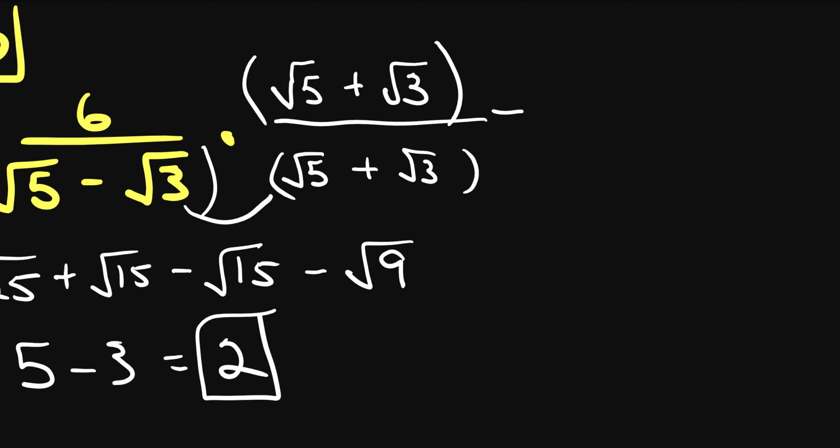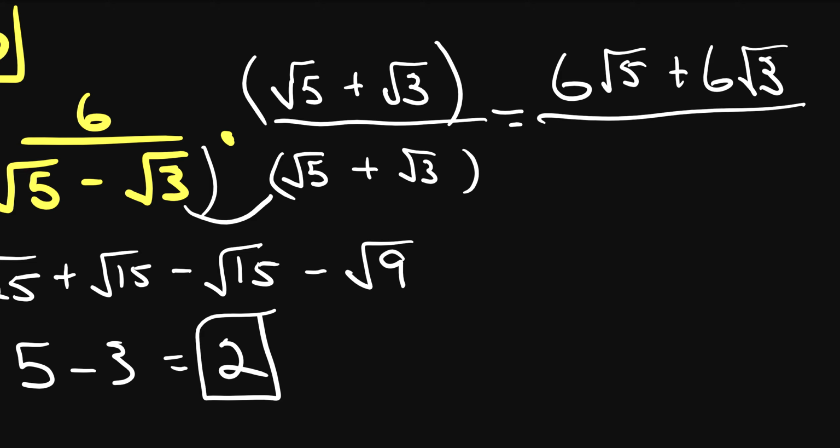That'll get me 6 root 5 plus 6 root 3, and that's going to be over 2. That was my denominator. When I simplify this, I could have done that earlier, but this suffices.